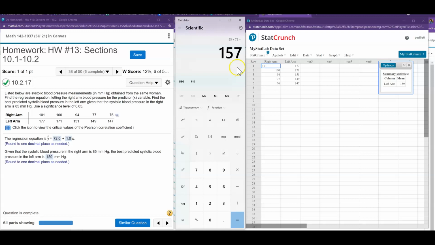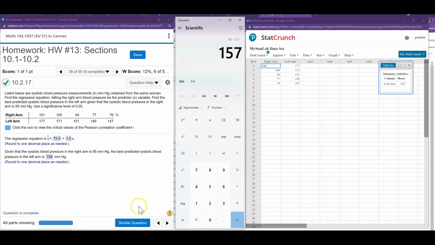So it wasn't terribly off. You could see the line wasn't a disaster. There was an 85% R coefficient, but it's not 159. And if we put in 157 from the equation, we would have been marked wrong. And the reason is we're not supposed to use the equation if we can't surpass the significance level of 5%. We're supposed to just use the average value.